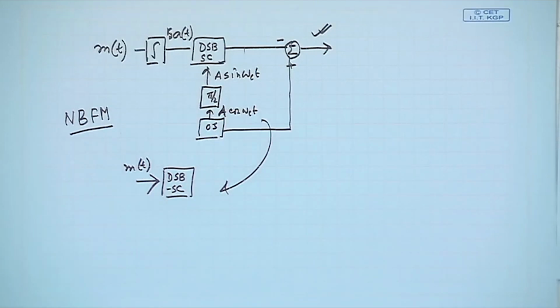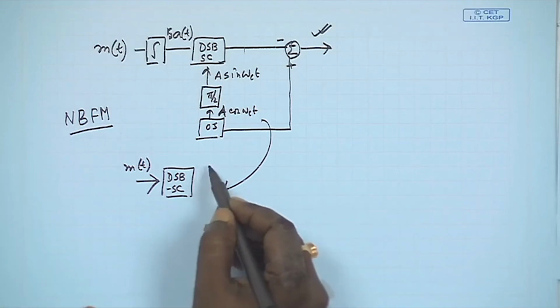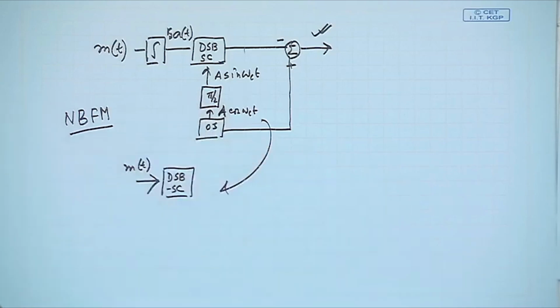So, that will be the corresponding narrowband PM. Of course, you will have to multiply with Kp. Okay, Kf for FM, Kp for PM, and that Kp into m(t) must be much smaller, otherwise we will not have that approximation. Okay. So, this is the generation process.